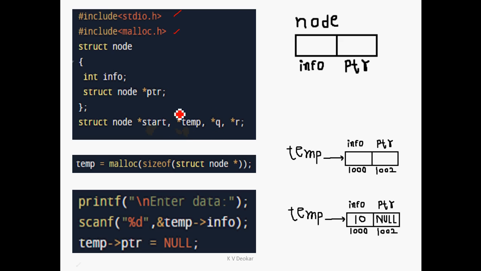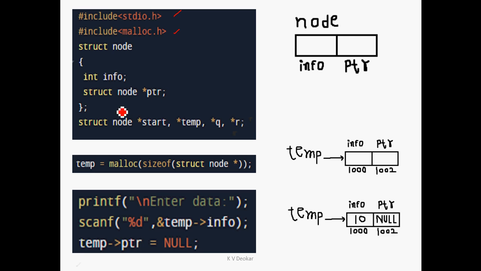Temp we will use for various operations like insertion and deletion. We'll temporarily create a node and add it into the list, so to manipulate the list we will require temp. For searching and for moving through a list, we'll use pointers q and r. They will help us in deletion and insertion operations.